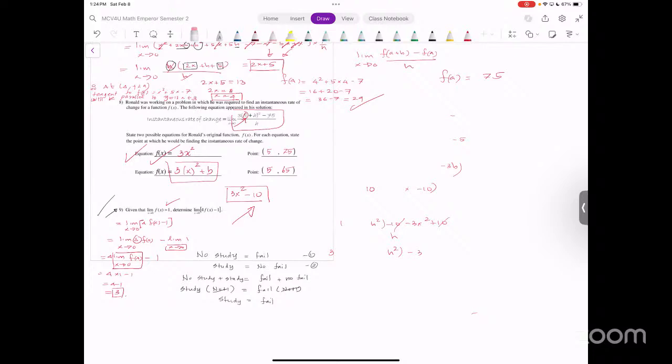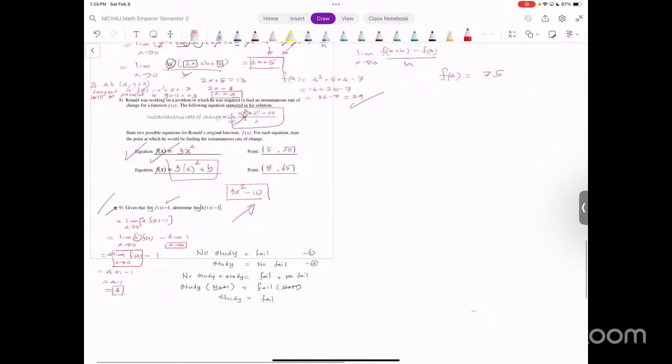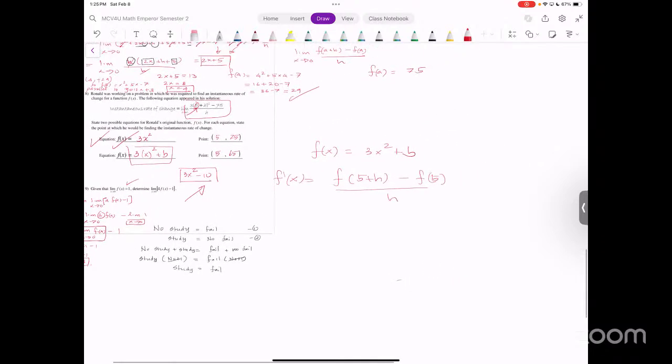Yeah, I understand that. So what we did was, going back to the definition, if my function f of x is equal to 3x squared plus b, we're going to find out the f prime of x by going back to the definition: f(5 plus h) minus f(5), divided by h. Make sense? Yeah. We need this to be matched to 3 times (5 plus h) whole thing squared minus 75 over h, isn't it?